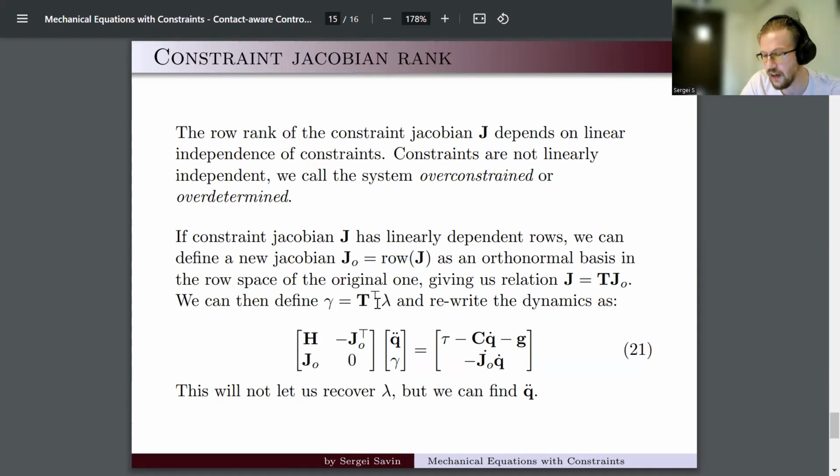With finding reaction forces, it is not always as straightforward. And this theme will come back at least a few more times during the course. So it is quite a subtlety, I guess, with the contact over control. Yeah, the reaction forces have everything to do with contact. You have to be aware of them, and it's not always straightforward how to find them.